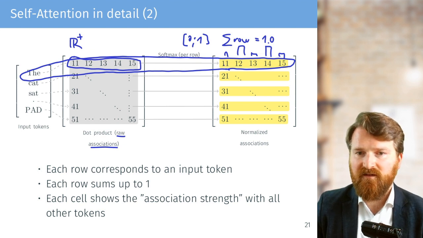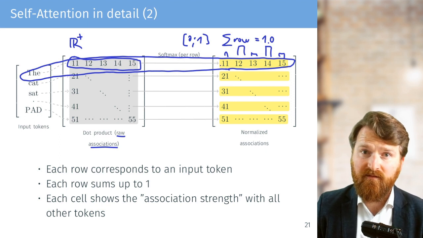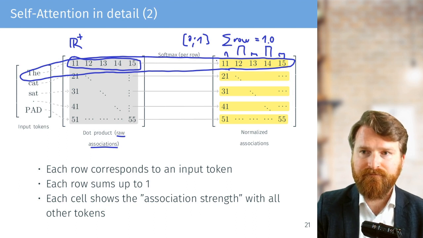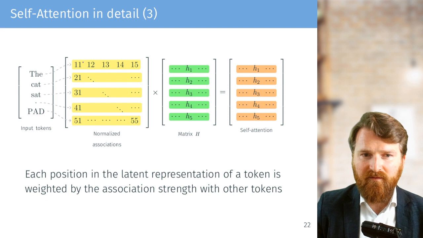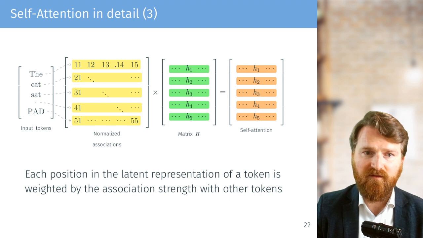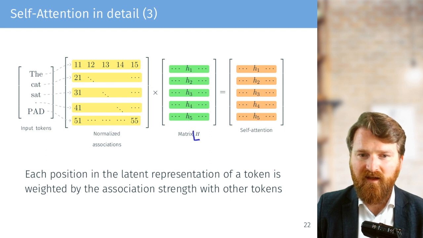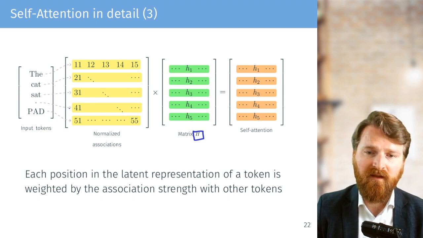So it's a scaled, probabilistic view on the association strength between each two tokens from the input sentence. In the next step, this is the yellow matrix from the previous slide, after softmax, so we have a probability distribution on each row. Then we multiply it with the embedding matrix H, which we had at the beginning after the first layer.